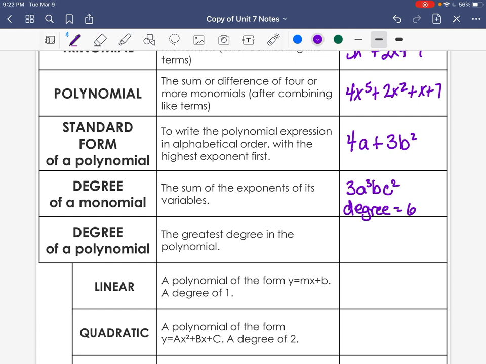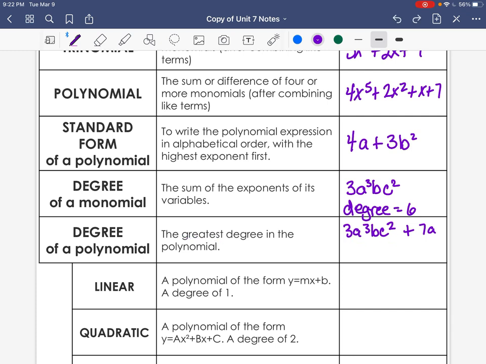So if we had what we had before and then plus 7a, well, the degree is still going to be 6 because this part still has a degree of 6, and that is the greatest degree for that polynomial.